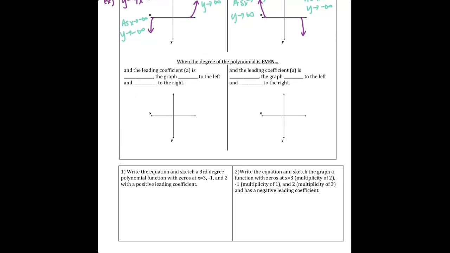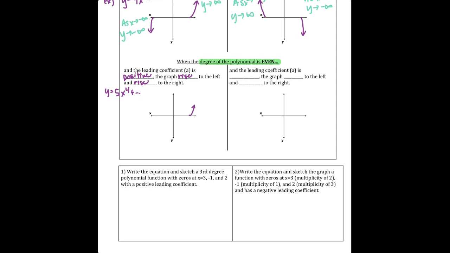All right, when the degree of the polynomial is even and the leading coefficient is positive, like y is equal to 5x to the fourth power plus some terms, the graph is going to rise on the left and rise on the right.